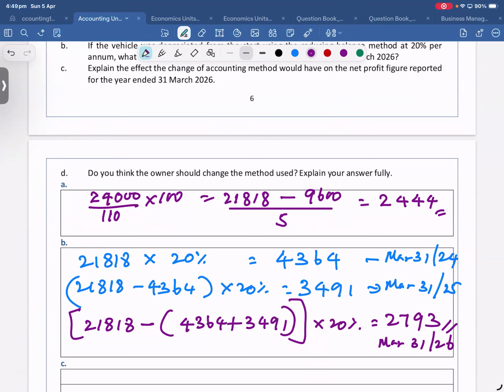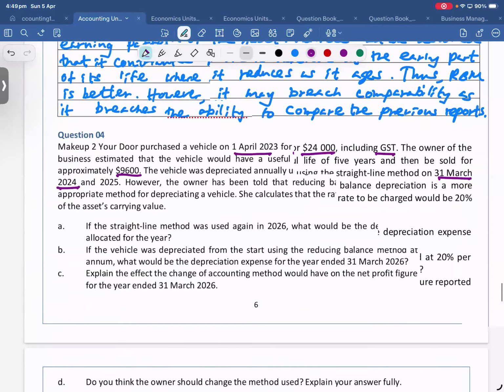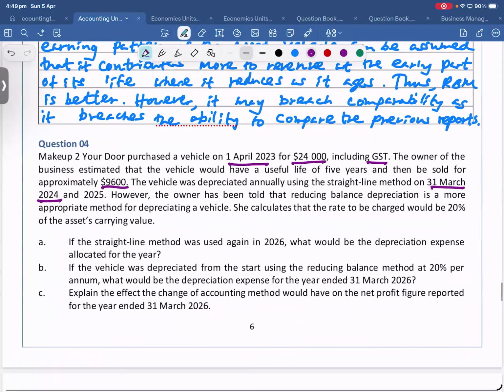Right, part C. Explain the effect the change of accounting method would have on the net profit figure reported for the year ended 31st March 26. Now, what is happening, guys? They were using straight line depreciation for the 31st March 24 and 25.